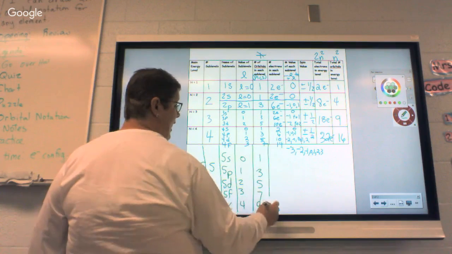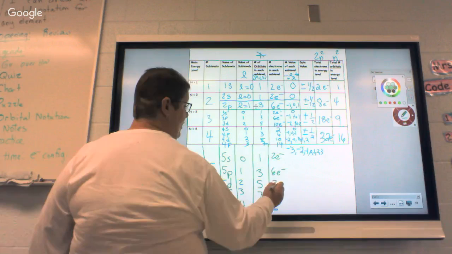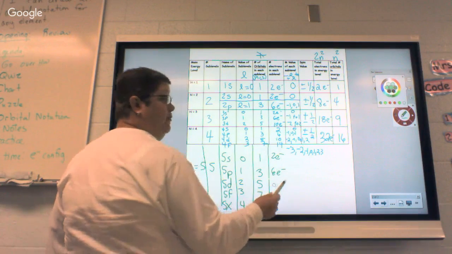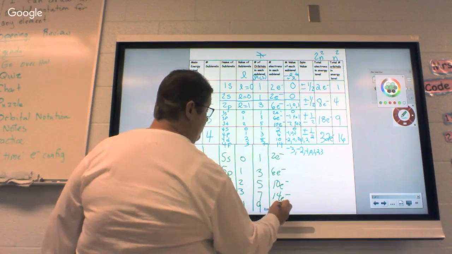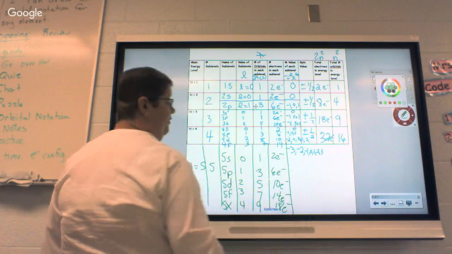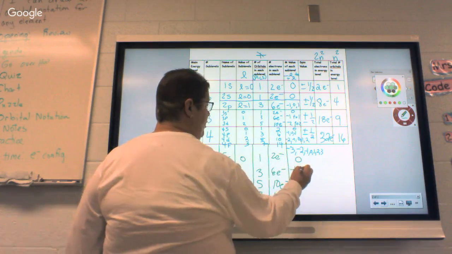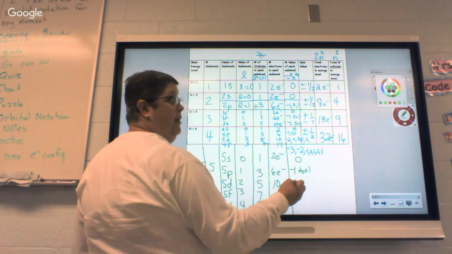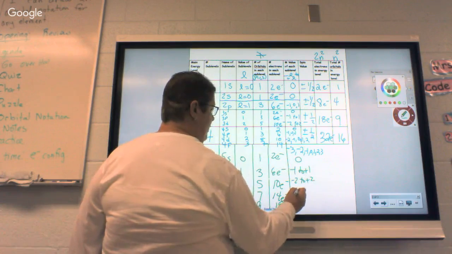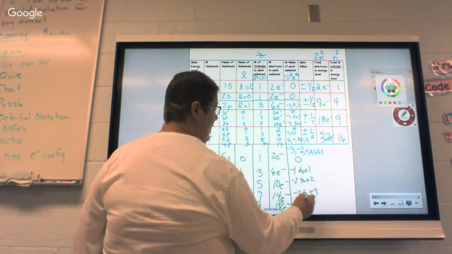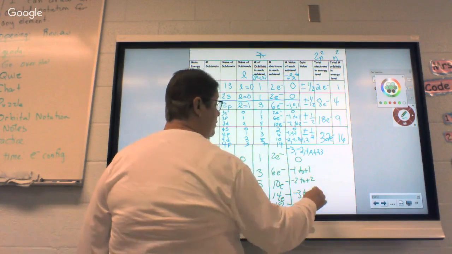How many electrons would it have? 2, 6, 10, 14, 18. All right, so for the L values, they're still going to be 0, -1, +1, -2, +2, -3, +3, and -4, +4.